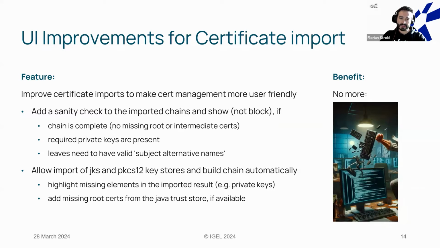You will have an indicator there. It does not block it, but it warns you that something is missing. Also, if you import key stores here, it's now possible to build the chain automatically, and it also highlights missing elements in the chain. I think this brings a lot of ease to the life of an admin, and I really like this feature.